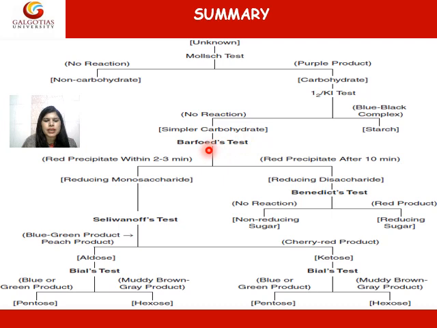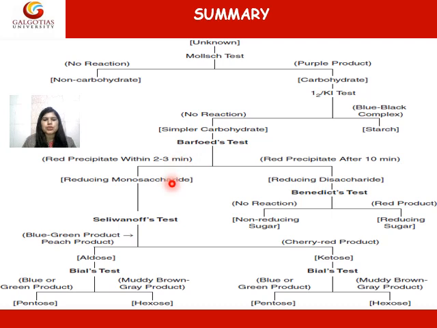If within 2 to 3 minutes a red precipitate occurs, then there is a reducing monosaccharide, and if there is a red precipitate after 10 minutes, then a reducing disaccharide. So Barfoed test is used to distinguish between monosaccharides and disaccharides.